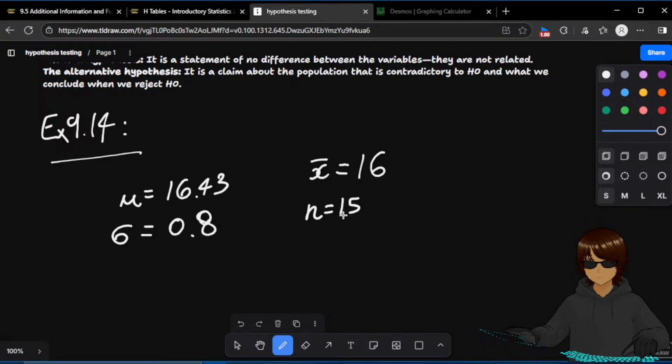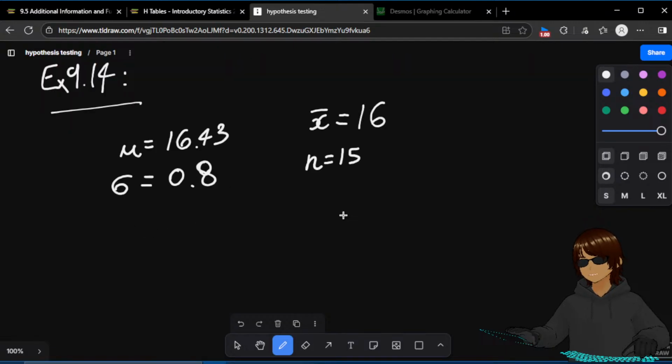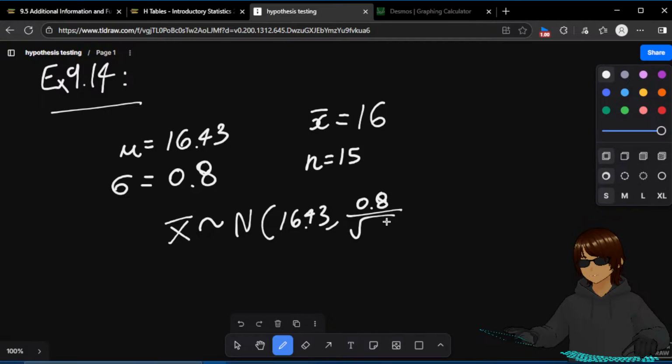So by the central limit theorem, X bar follows a normal distribution with the original mean, which is 16.43, and standard deviation divided by root 15.